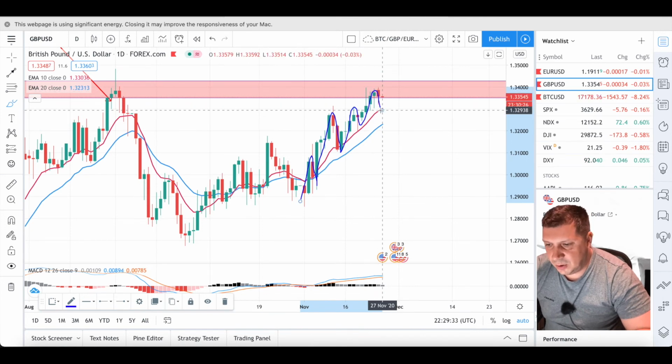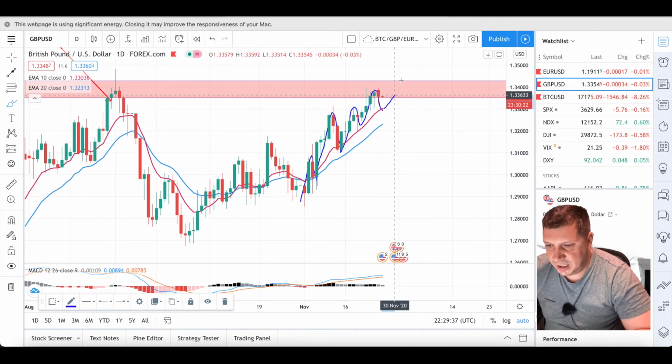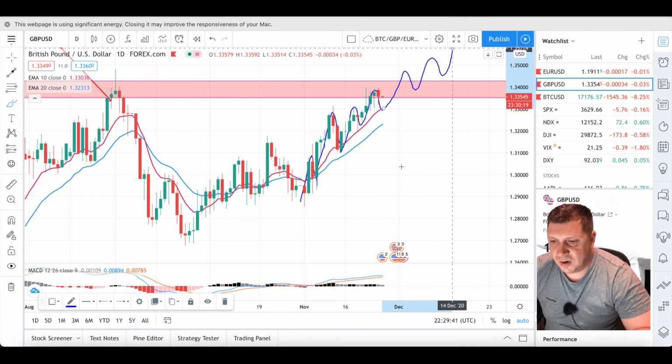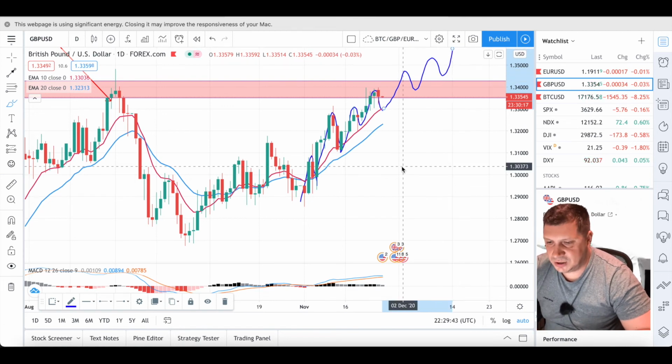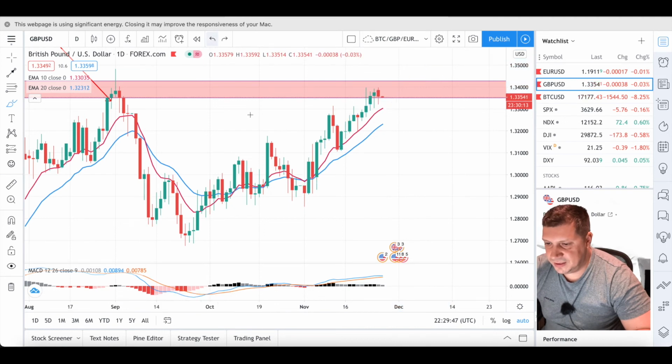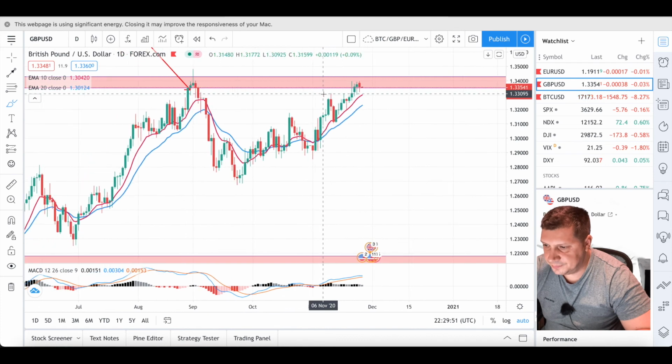So at this point we cannot take any shorts because the market is still bullish, and it can easily break this line, make another correction, and then move up. Very possible, despite we have this strong area right here.